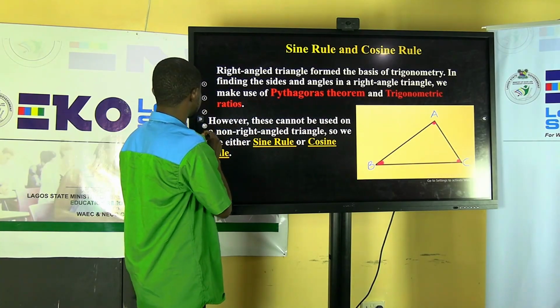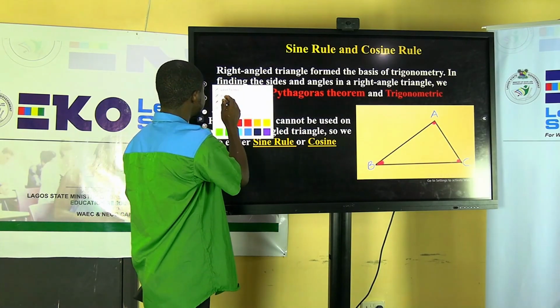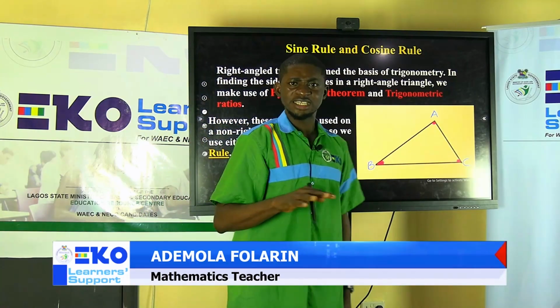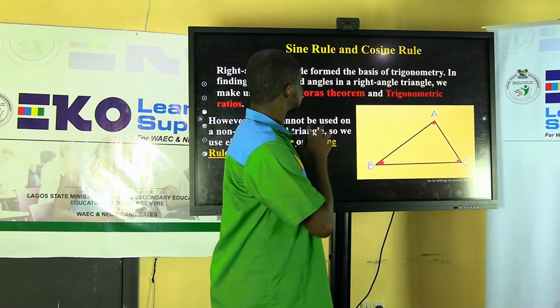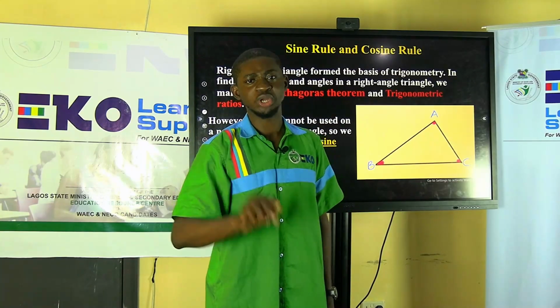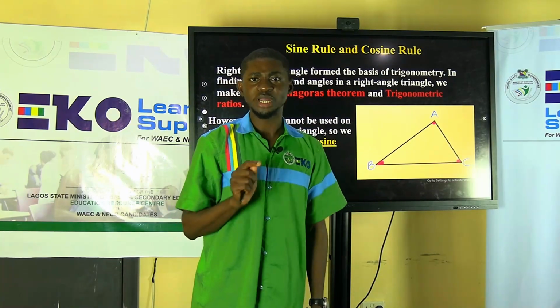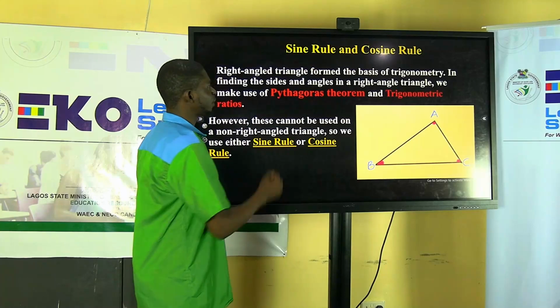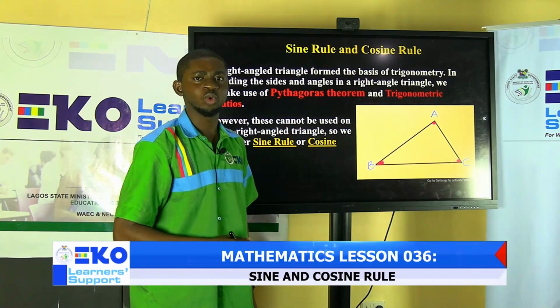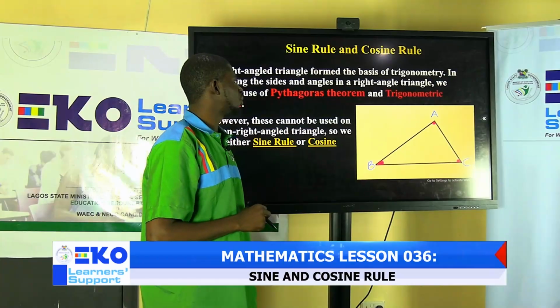Sine rule. When we say sine rule, let's first understand that this sine rule is used on a non-right angle triangle. If we are dealing with a right angle triangle, we make use of Pythagoras theorem and trigonometric ratio, which we have learned in one of our classes some time ago.